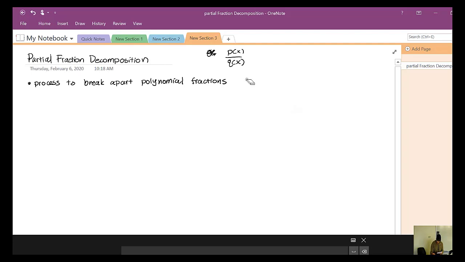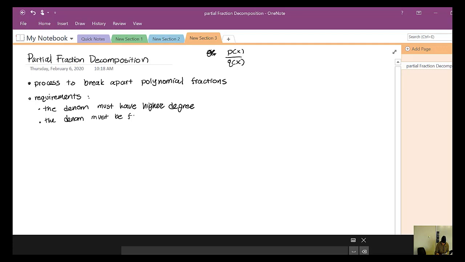And the requirements to use it are that the denominator must have higher degree, and the denominator must be factorable and completely factorized.